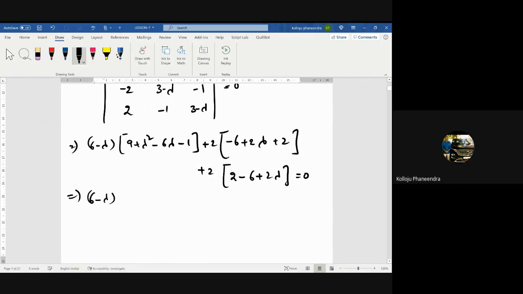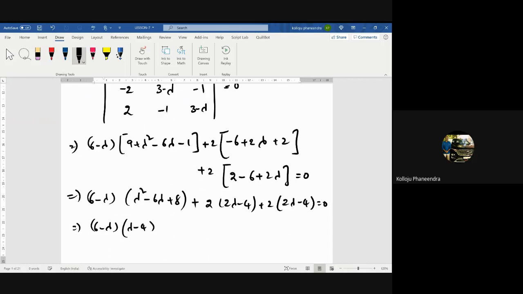This is 6 minus lambda, this is lambda square minus 6 lambda plus 8, plus 2 into 2 lambda minus 4, plus 2 into 2 lambda minus 4 equal to 0, right? So I can write 6 minus lambda, and for factorization this is lambda minus 4 into lambda minus 2. Next plus, I can take 2 common, lambda minus 2.